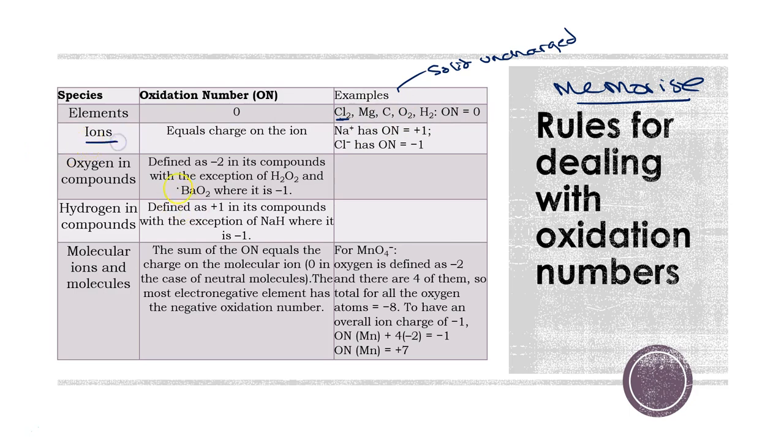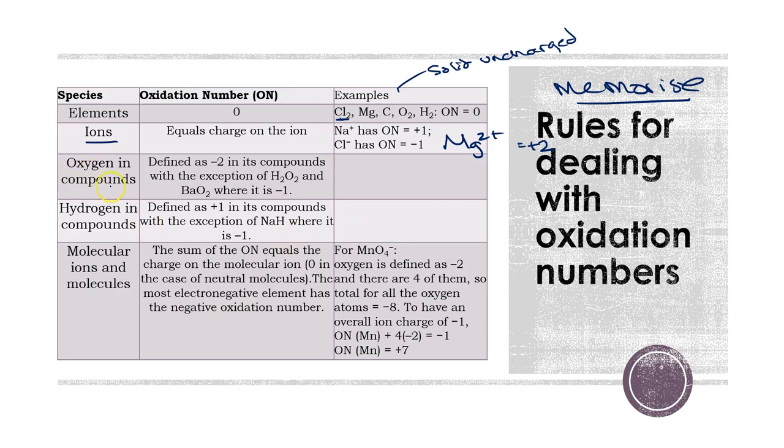For ions, i.e. if it is in an ionic compound or it is a dissolved ion, then the charge is equal to the oxidation number. So for sodium, Na+, the oxidation number is +1. For chloride ions, Cl-, the oxidation number is going to be -1. And as we saw on the previous slide, for magnesium 2+, the oxidation number is going to be +2. So for an ion, it's always equal to its charge.